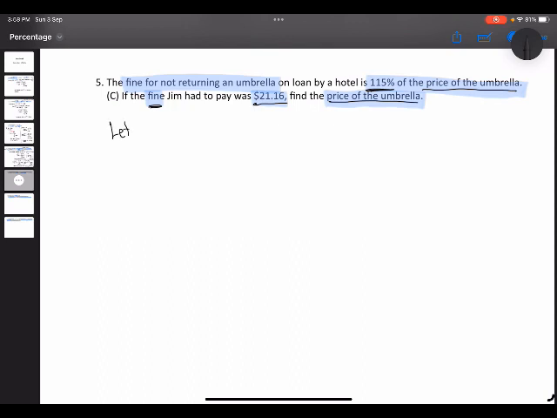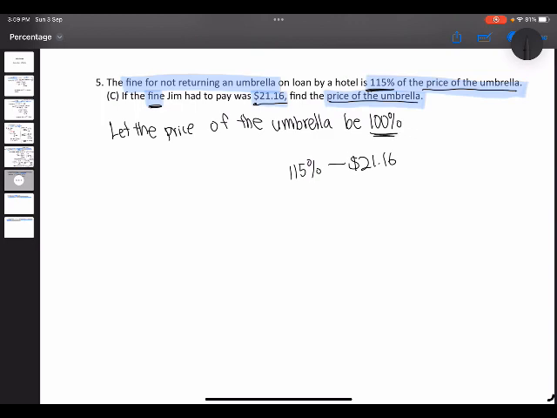So let the price of the umbrella be 100%. So the fine is 115%. So 115% represents $21.16. Let's find the price of the umbrella. Just as stated on the statement, let's find 100%, which is the price of the umbrella.